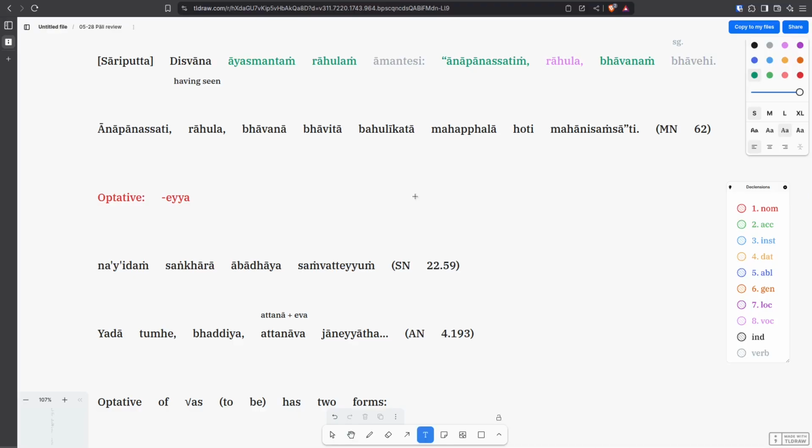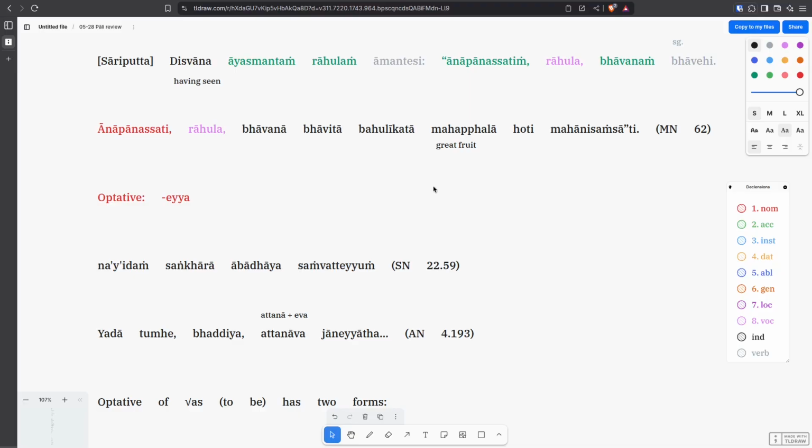So, Rahula, the meditation of mindfulness of breathing is something like various adjectives: beneficial, of great fruit, of great benefit. Pala is fruit. So Mahapala is great fruit.